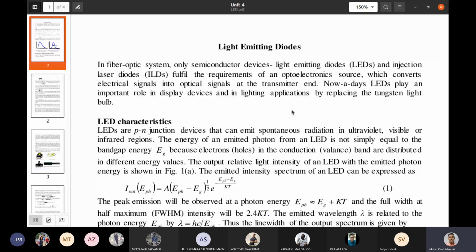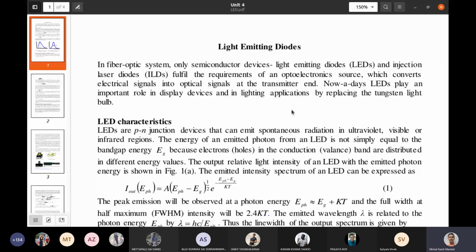But for communication over a large distance through a fiber optic link, it is better to use a laser diode, because you know that an injection laser diode has more power, as well as high monochromaticity and unidirectional property compared to an LED, right? That is why for long haul communication, an injection laser is better. But in short communication, where the length of the fiber is small, it is possible to use an LED.